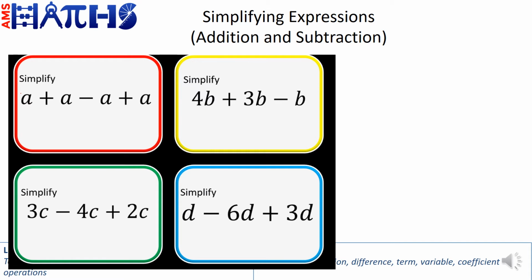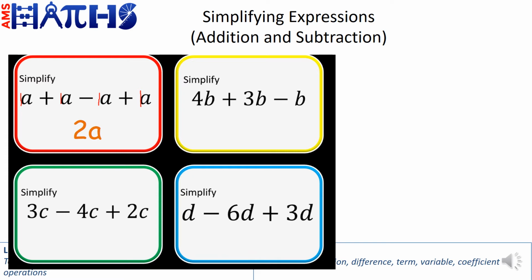So we have 1a plus 1a, which gives us 2 a's. Then we need to subtract 1a from that. So we're left with 1a. Then we need to add one more a, and so our answer is going to be 2a.